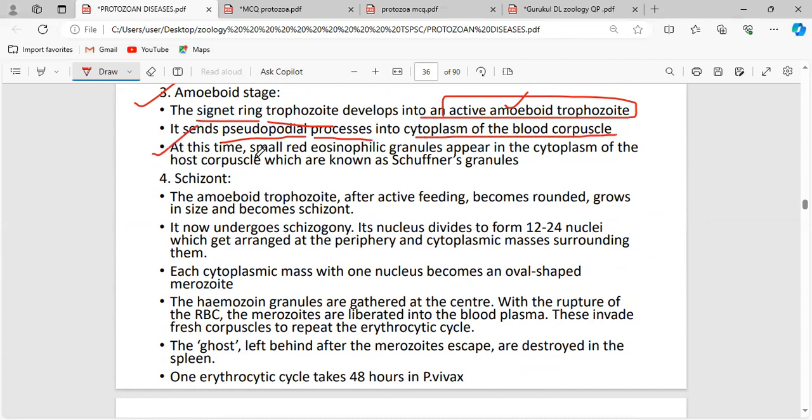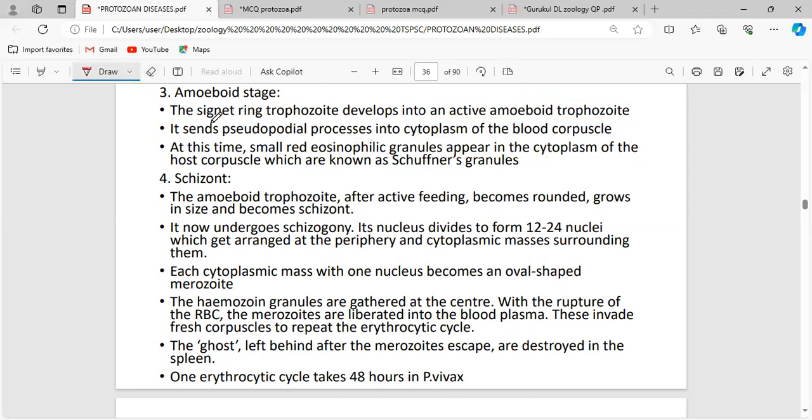At this time, small red eosinophilic granules appear in the cytoplasm of the host corpuscle, which are known as Schaffner's granules. The most important thing, and this is the stage where the diagnosis happens. If Schaffner's granules are present, we will identify that this patient will experience malaria.